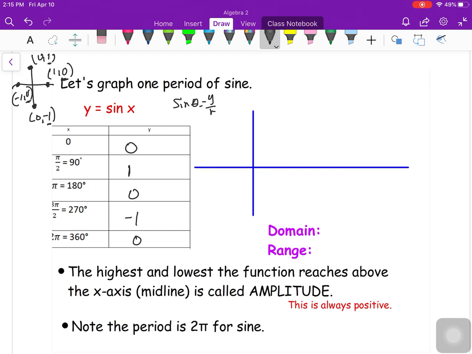So our x-axis is our angle measure. So this is 0. And then I'm going to have 1, 2, 3, 4 markings out from 0. And they are pi over 2, pi, 3 pi over 2, and 2 pi.